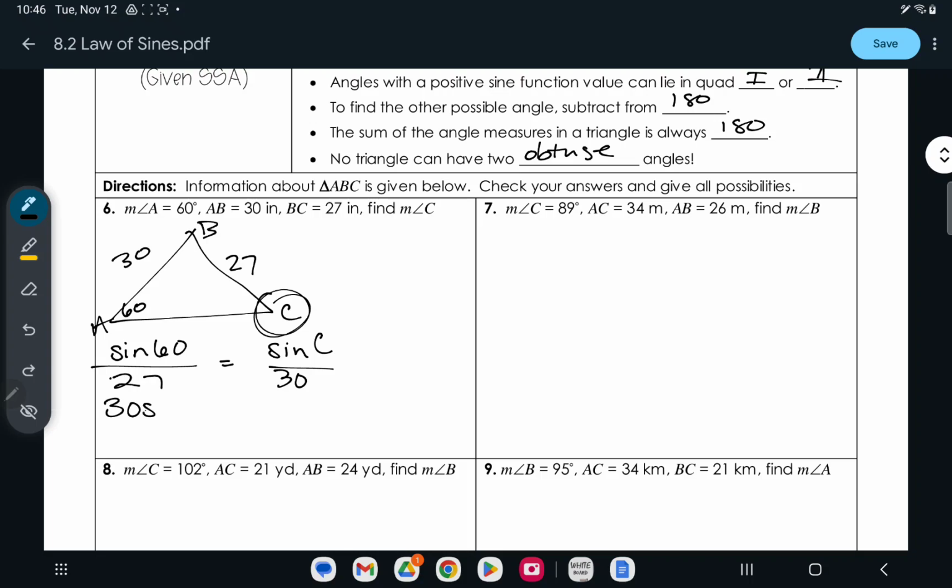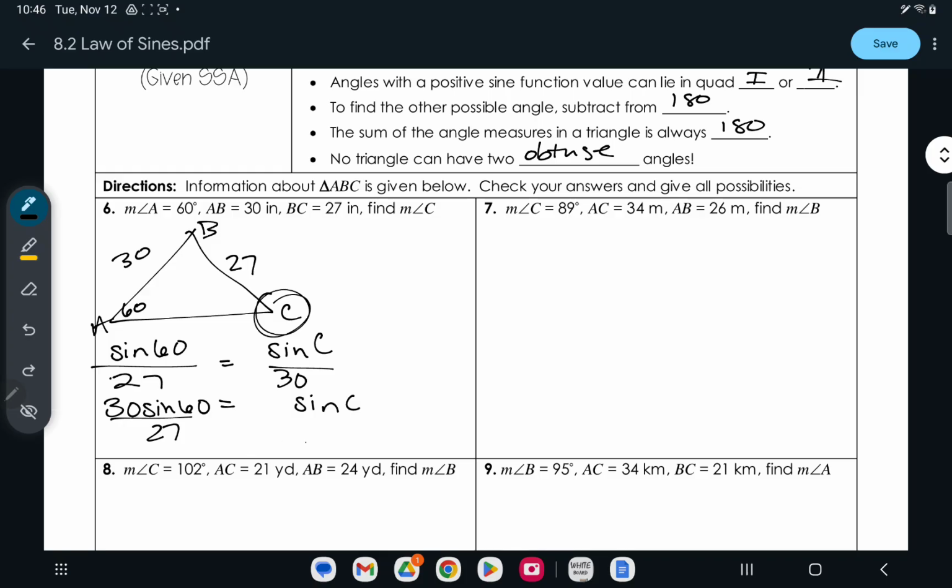So I get 30 sine of 60 is 27 sine of C. So then I can divide both sides by 27 and then do the inverse.